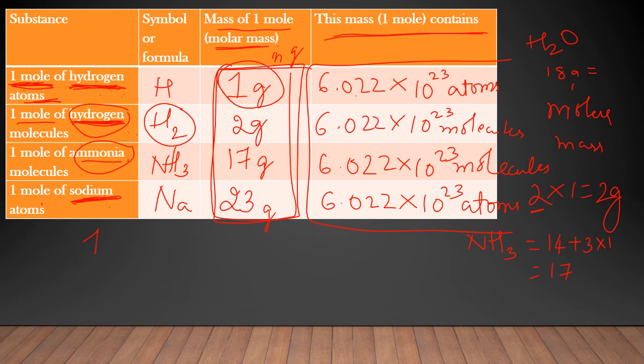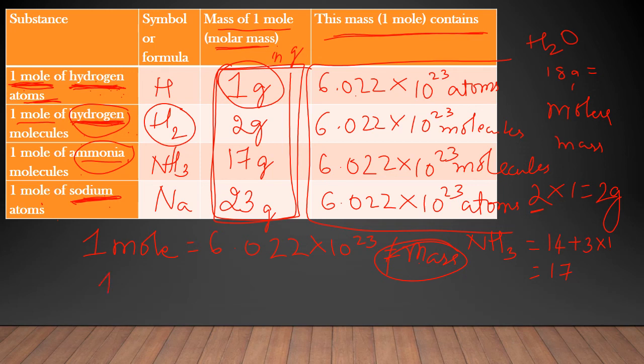So when I say 1 mole, what is constant? Avogadro's number is constant. 6.022 into 10 raised to 23. Atoms, molecules, that depends. But the mass changes. The mass changes based on what element or what compound you have.